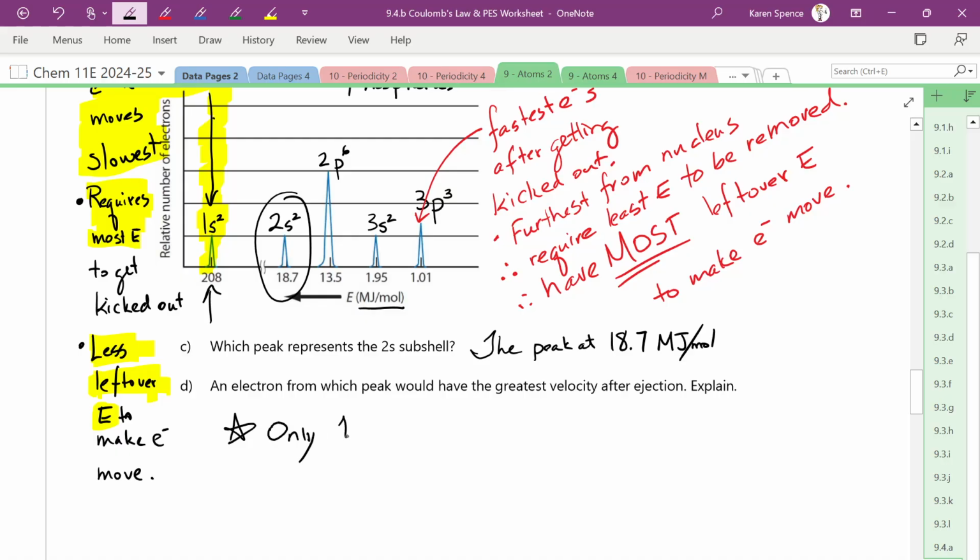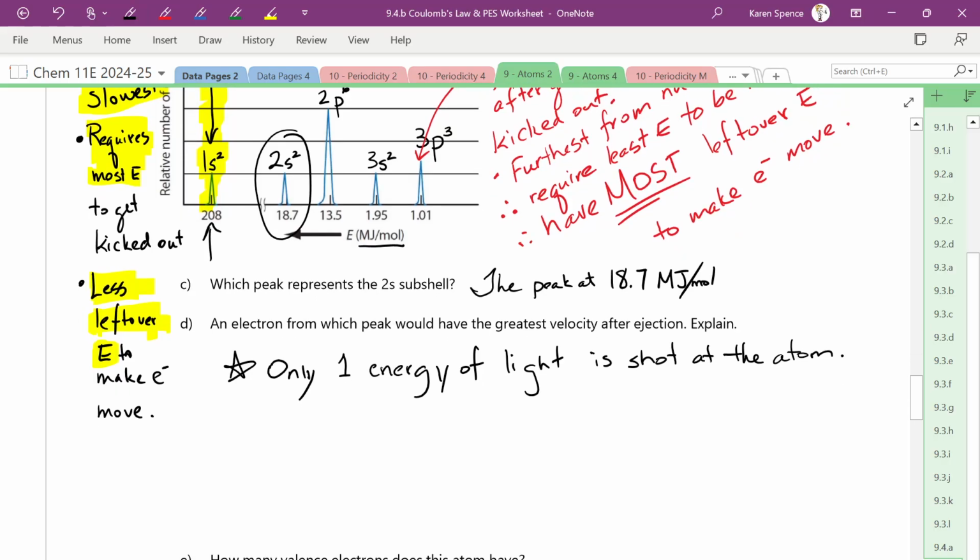Only one energy of light is shot at the atom. Those photons of that energy will have enough energy to kick out all of the electrons.